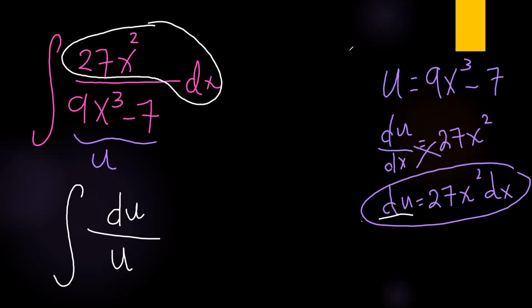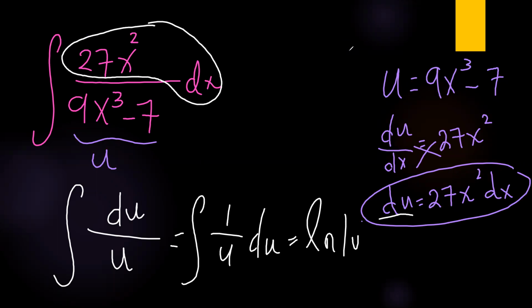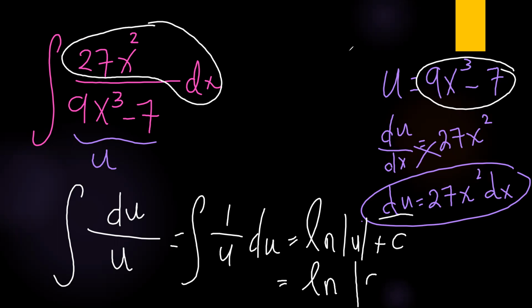This is the integration of du over u. And then, as I told you, the integration of 1 over u du will be ln of u plus c. And then replace u with 9x cubic minus 7. So ln of 9x cubic minus 7 plus c.